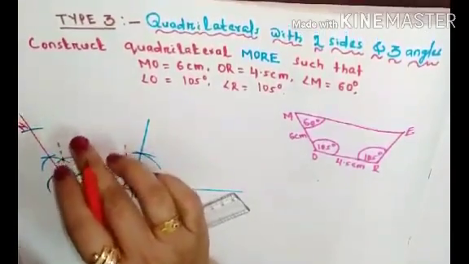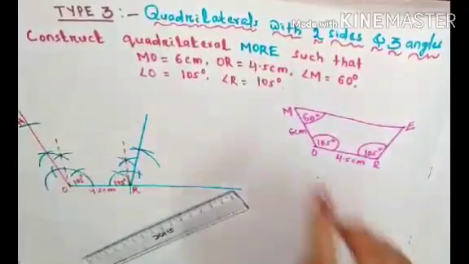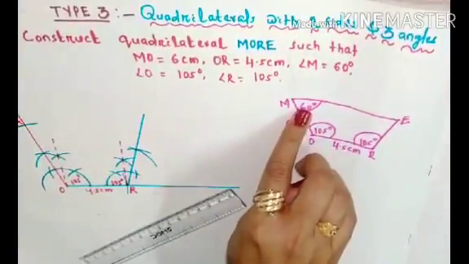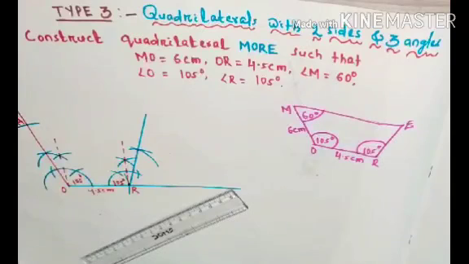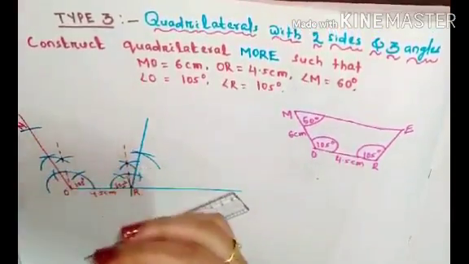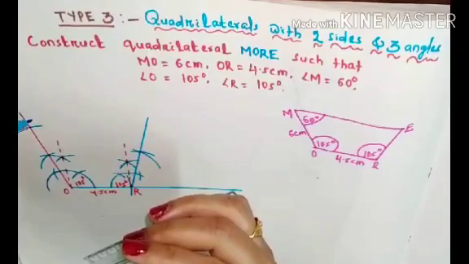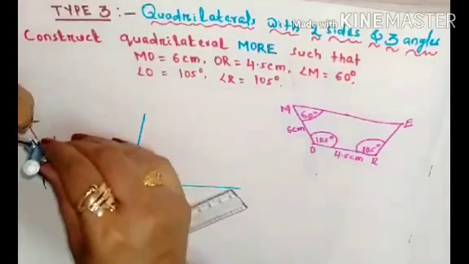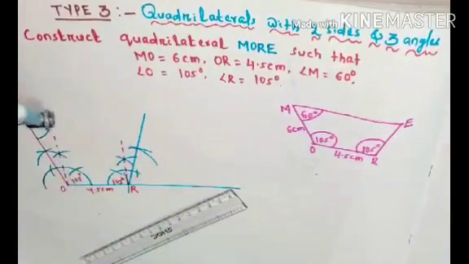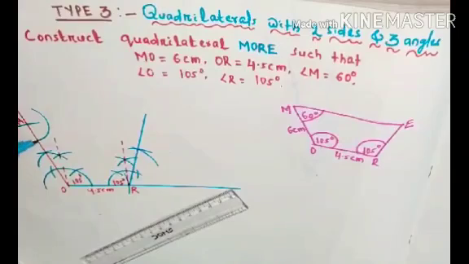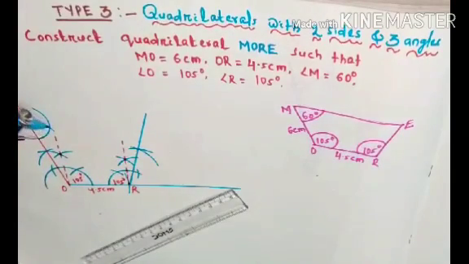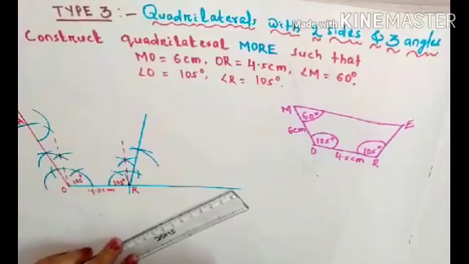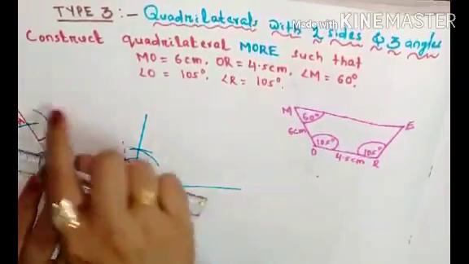Now you have to draw angle M. So your angle M is how much? 60 degree. So again I have to draw 60 degree here. In a similar way, taking M as center, I have to draw an arc and I got my 60 degree.